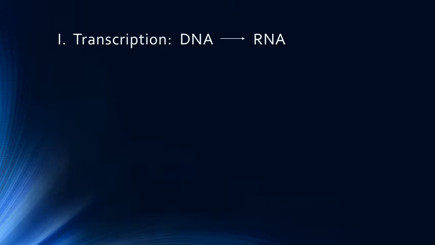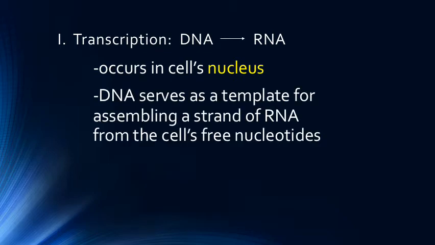So we're going to start with this first step called transcription. And what we're going to do is we are going to convert DNA into RNA. This process occurs in the cell's nucleus. The DNA serves as a template for assembling a strand of RNA from the cell's free nucleotides.